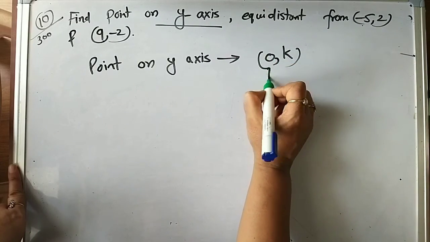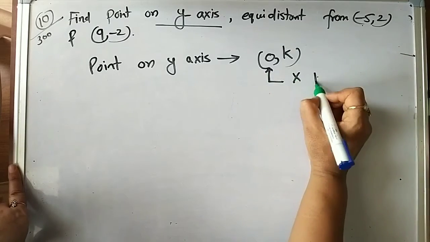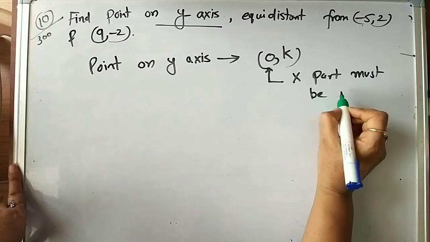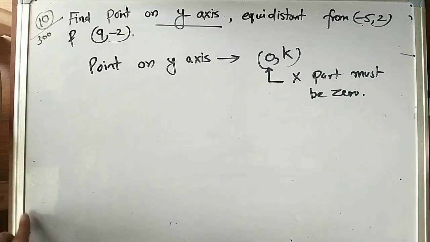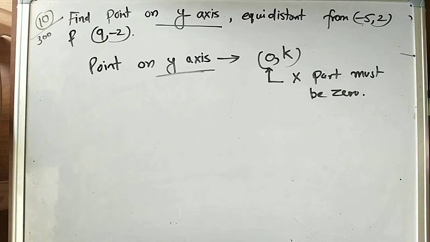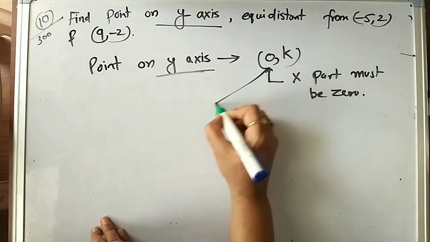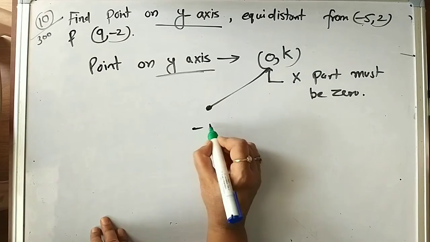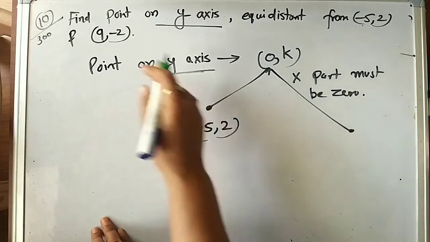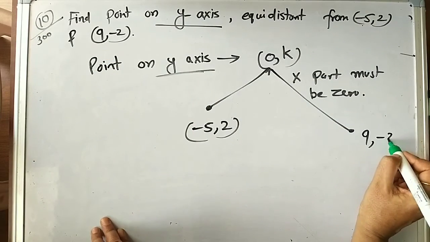Because the x part must be 0, keep that in mind. The x part on the y-axis must be 0. So this is my assumed point. They are saying this point is equidistant from minus 5 comma 2 and from 9 comma minus 2.